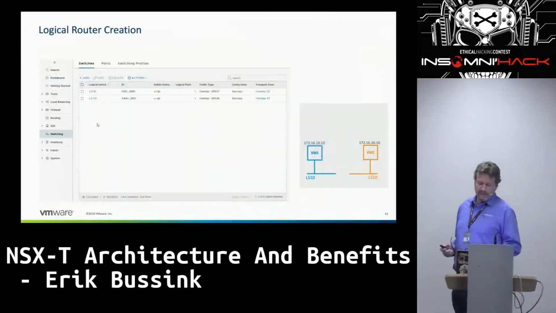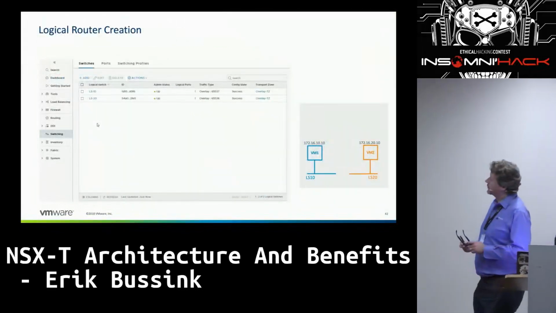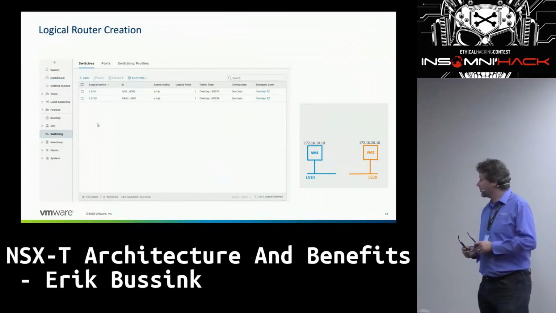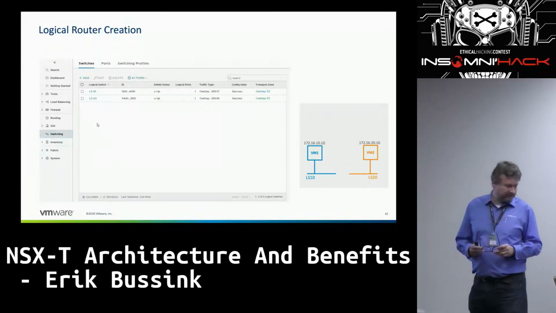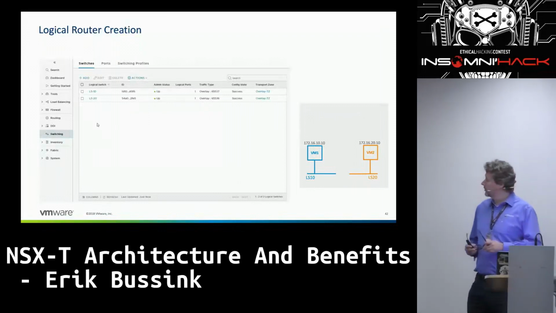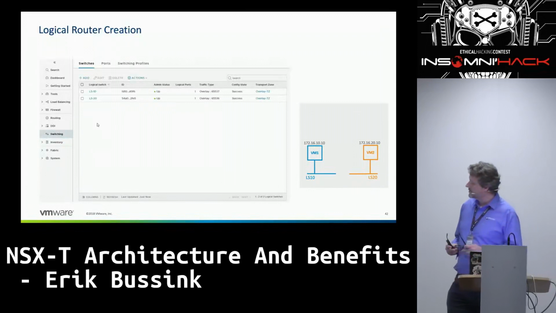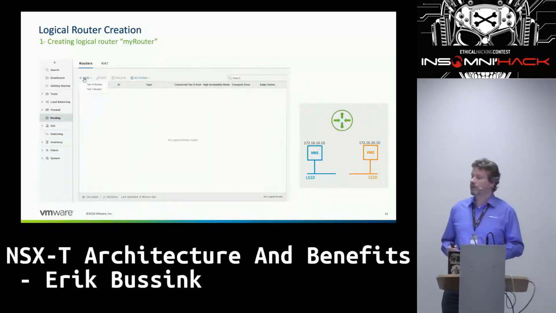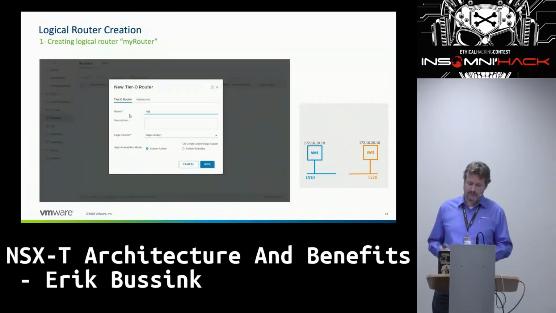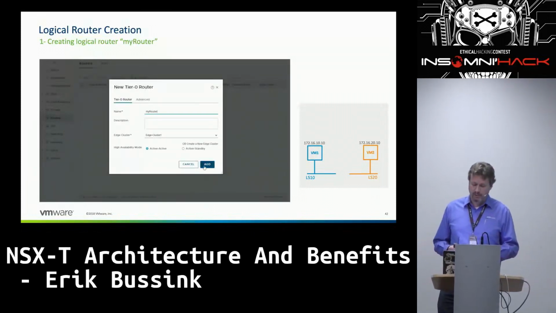Let's talk now about the network services, and we've got those two virtual machines. Now they are called VM1 and VM2. They're on different logical switches, LS10 and LS20, and we want to create a router to connect these two machines together. So we create a tier 0 router, call it my router.